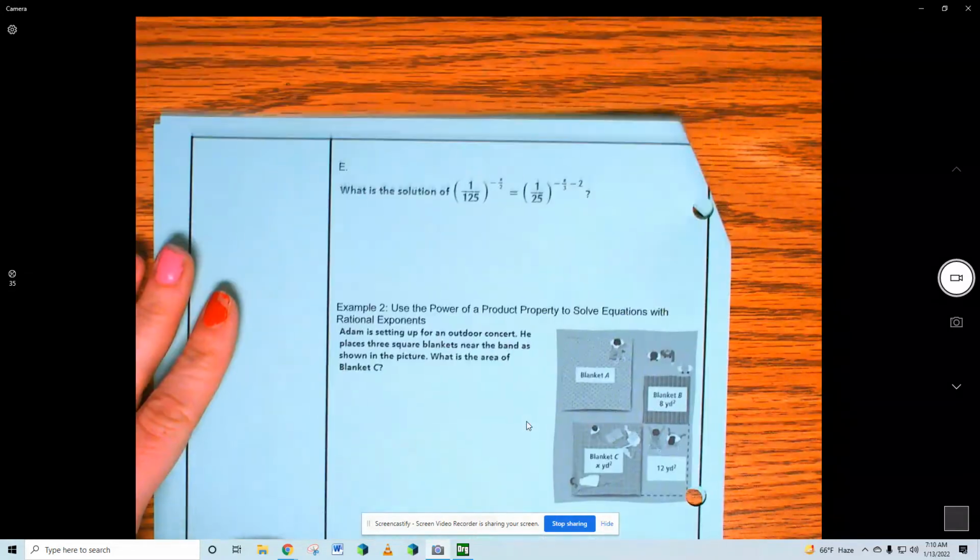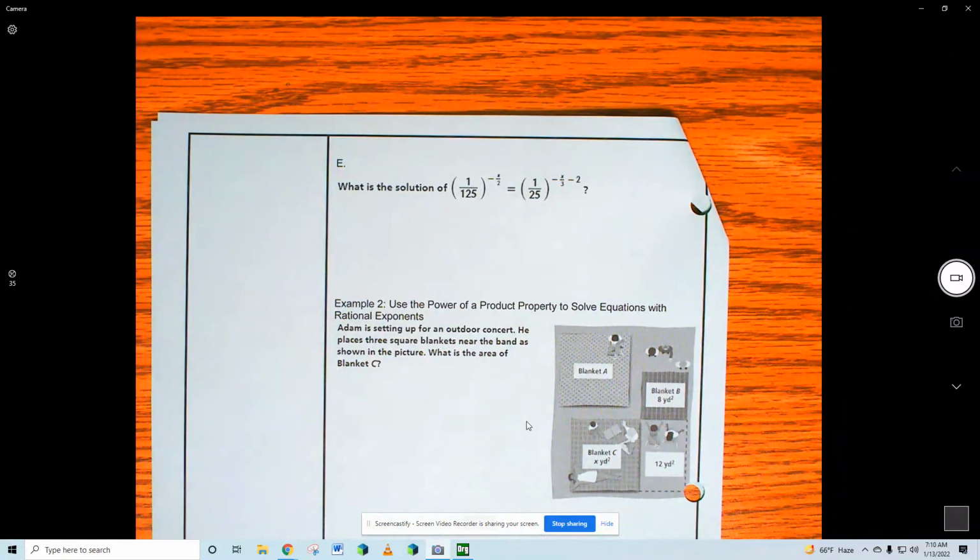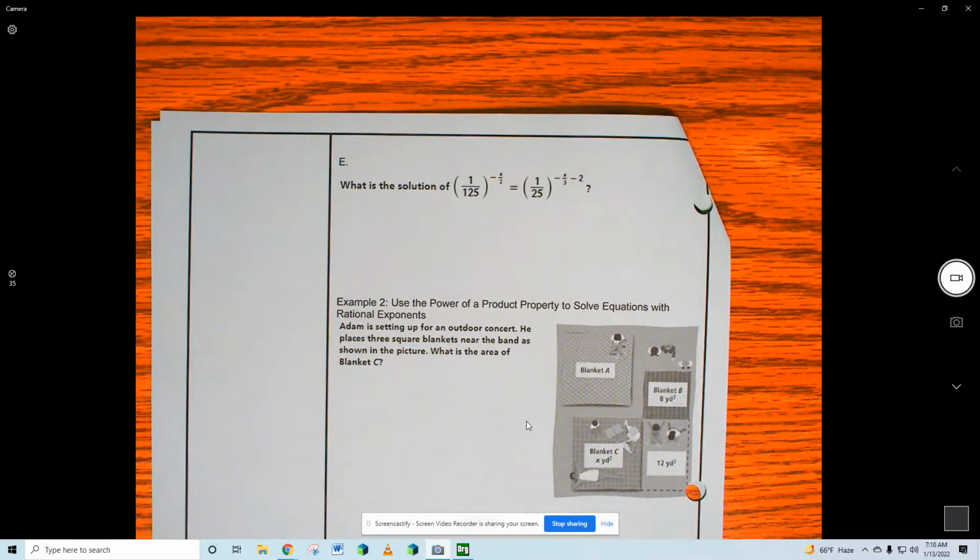Ooh, 1 over 125. Well, that is a fraction. 125 is at the bottom. 125 is right here. How am I going to get a number in the denominator, though? How does that ever happen?